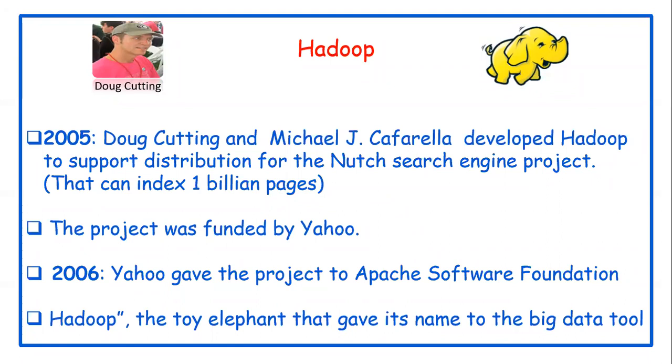There are two others: Doug Cutting and Michael J. Cafarella developed this new technology, called Hadoop. And Hadoop not only stores the data, it also processes it. First, the essential feature is to create the distributed environment and parallel environment.